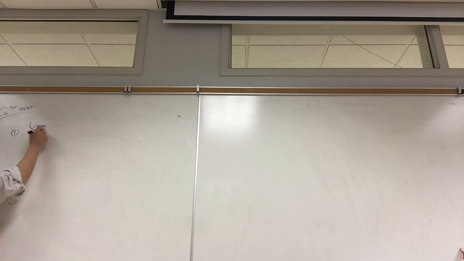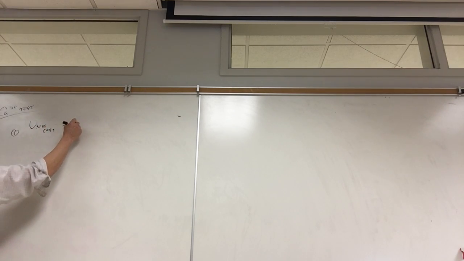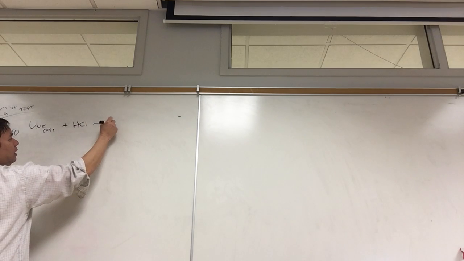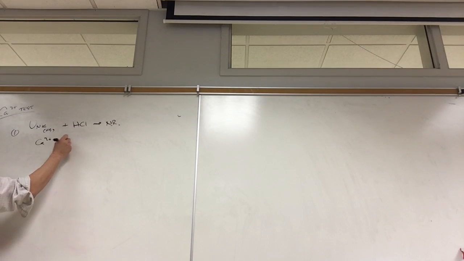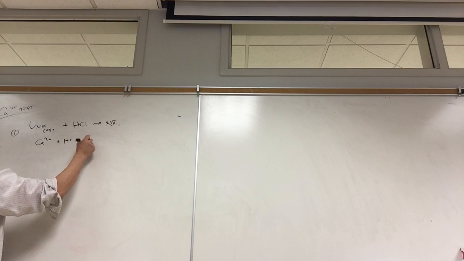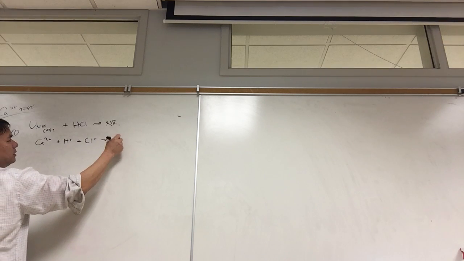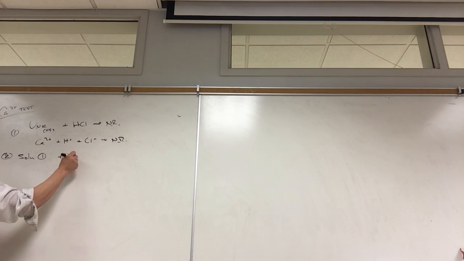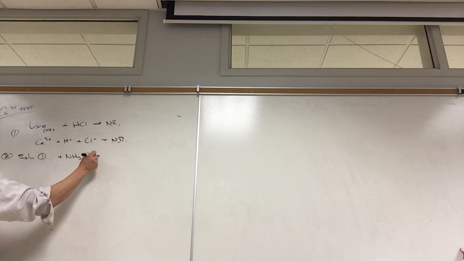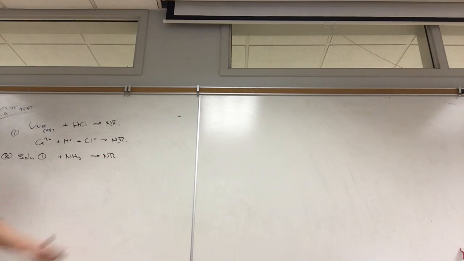So let's say our original unknown contains calcium. When we add the HCl here, there should be no reaction. Calcium 2+ is not going to react with H+ or Cl-. Then we take this solution 1 and add the ammonia, and we should get no reaction here.